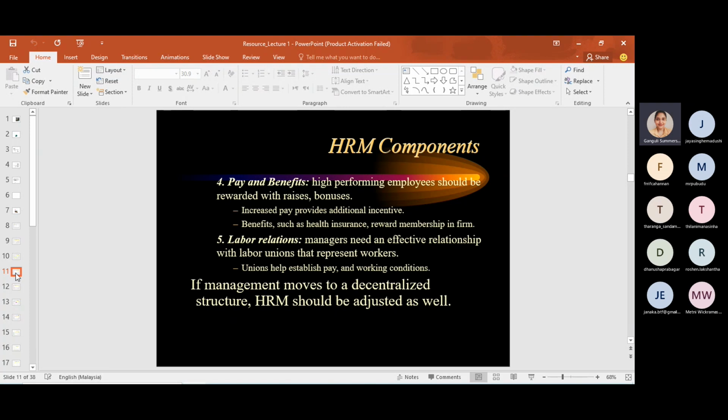And the next HRM component, labor relations. Labor relations means managers need an effective relationship with labor unions that represent workers. We don't have labor unions in very small organizations.